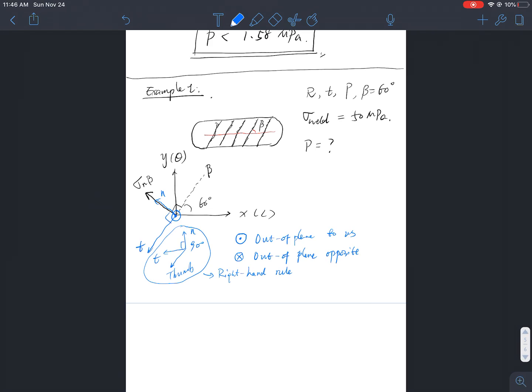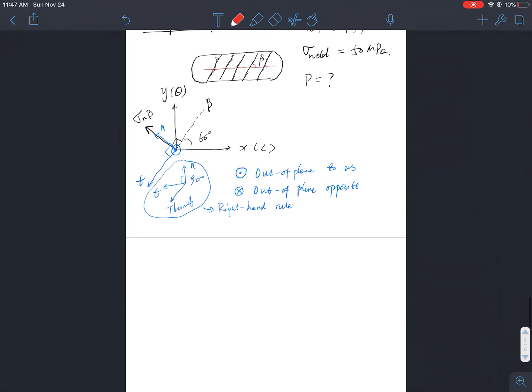So this is my new coordinate system, and you remember that when we talk about stress transformation, if I want to transform stresses from XY to the NT direction, I always use theta, coming from X towards N in a counterclockwise direction.